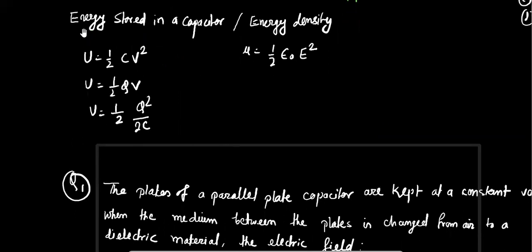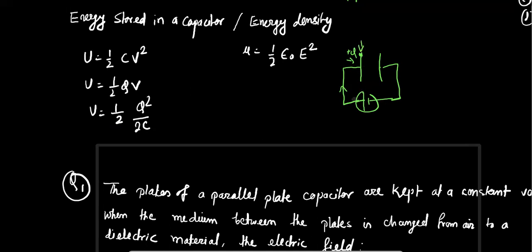Well, another topic is energy stored in a capacitor and energy density. So as we know, if the plates of a capacitor are connected with a battery or with a source, then the battery has to do some work to add the additional charge on the plates of the capacitor.